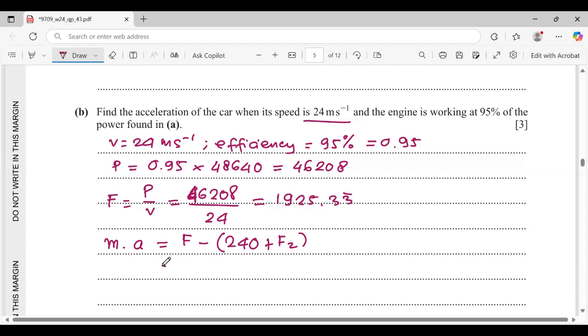It becomes mass, 1,600, times A. F is 1,925.333 and so on, minus 240 plus 1,280.